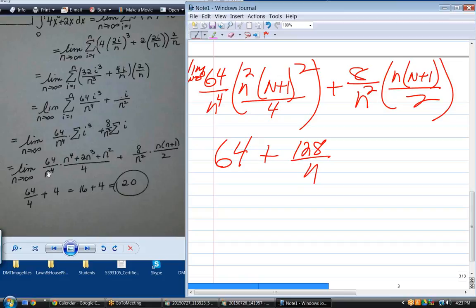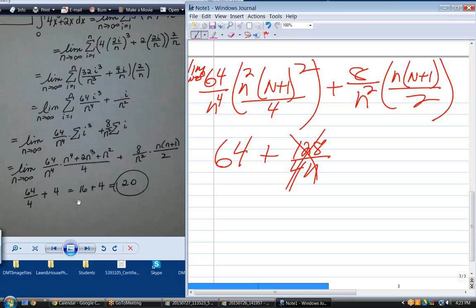When I multiply 64 over n to the fourth by 2n cubed over 4, I get 128 over 4n. But whenever I have a net n in the denominator, I know this term has to go to 0 as n goes to infinity. So I don't even care what the numerator is or what any of the numbers are. As long as I know that there is a net n in the denominator, then that term is going to 0. I guess I just have to work out the math of all that later.